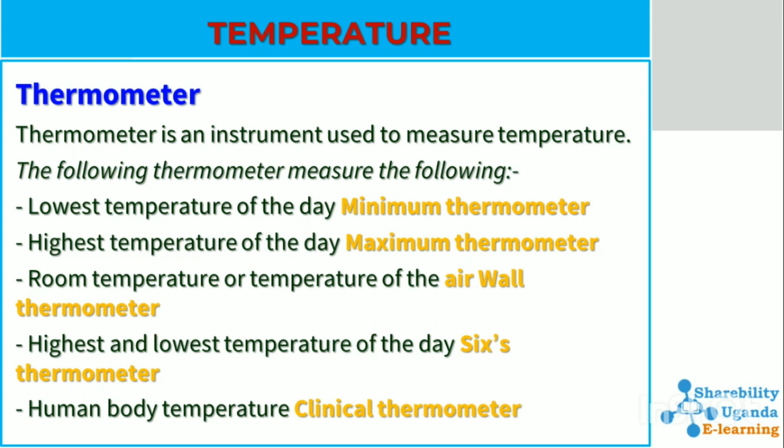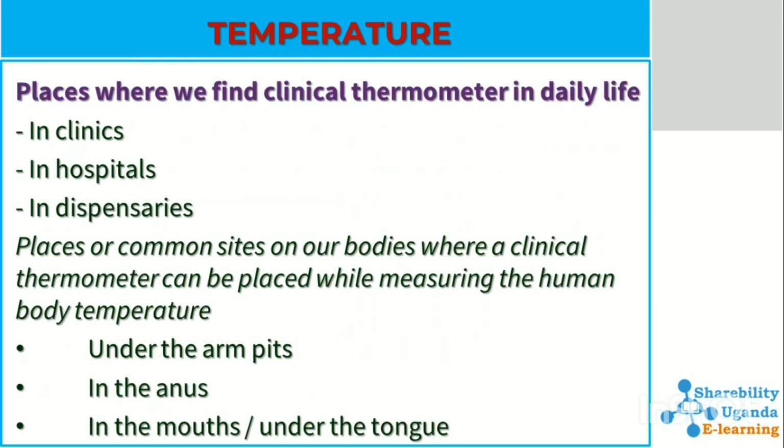The human body temperature is measured basically by a clinical thermometer. A clinical thermometer can be found in places like clinics, hospitals, dispensaries, and even homes in a first aid kit or a first aid box.